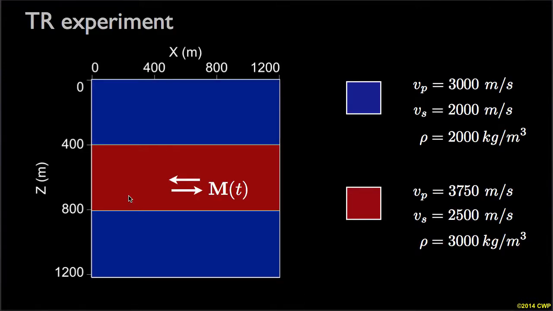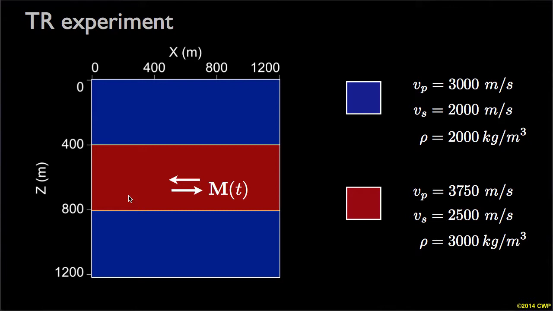So imagine we have an elastic medium with known properties, and that somewhere in this medium we have a source which is described by a moment tensor M. Now, M is a general moment tensor. However, in this talk, for the sake of illustration, I'm going to assume that the source has a double couple mechanism.